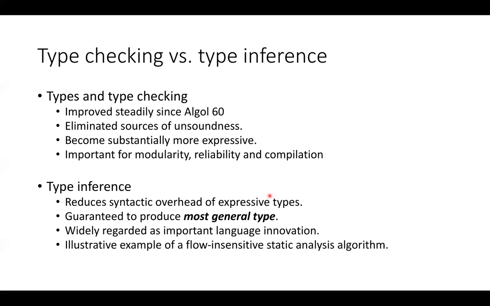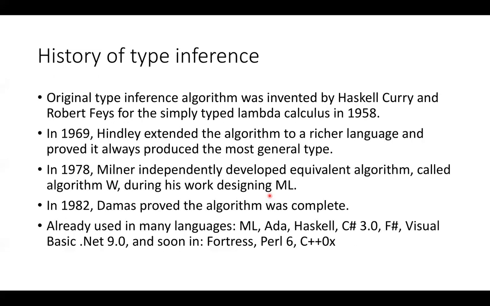And it's improved steadily since it was first invented in the late 50s and early 60s. In fact, the history here is kind of interesting. It's an old idea, and in 58 is when it first came out, and then was gradually improved over many languages. The version of type inference that most people use is called the Hindley-Milner algorithm.